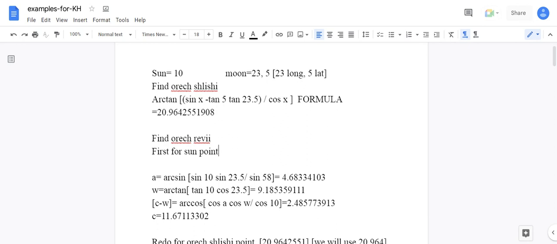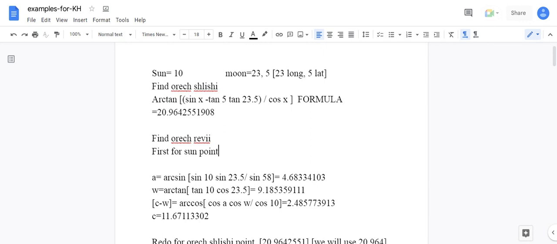So we have to find a few values to get this. It's a 4-step process. First, we make a certain value A, that's arc sine of sine 10, that's where the sun is, times sine 23.5 divided by sine 58. That you get a value of 4.6. Then we get a value of W. That's the inverse tangent again of tangent 10 cosine 23.5.